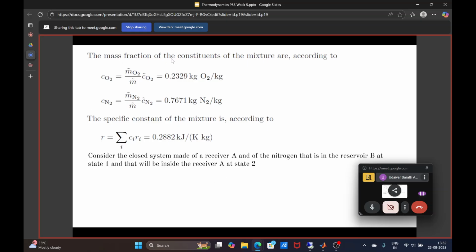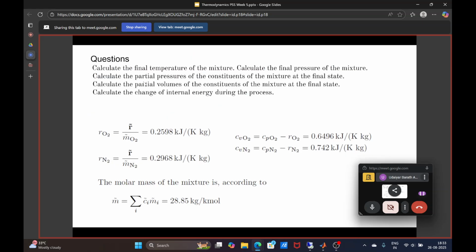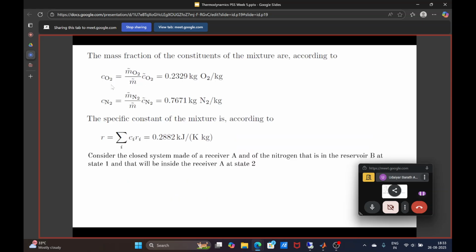So the mass fraction of the constituents of the mixture is given by the molar mass of oxygen divided by the molar mass of the mixture, multiplied by the molar fraction of oxygen. That will give you the mass fraction. So mass is nothing but your mole multiplied by molar mass. So that's what is being done here. That gives you 0.2329 kg of oxygen per kg of the mixture.